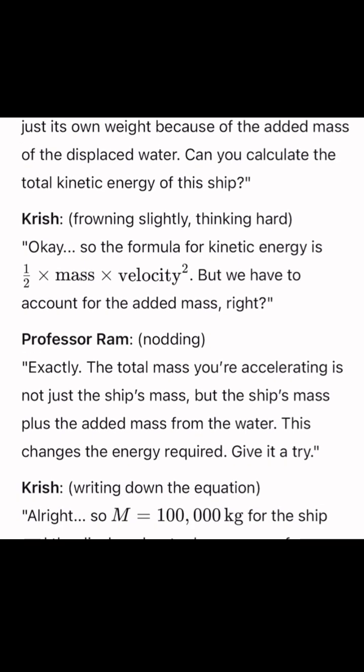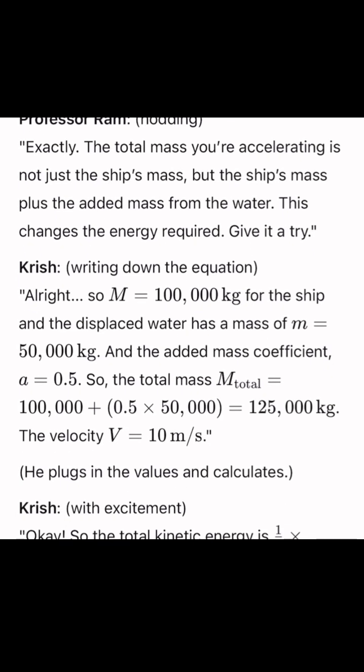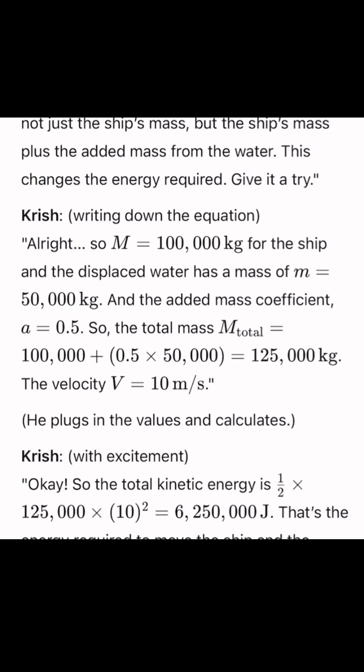Okay, so the formula for kinetic energy is half mass times velocity squared. But we have to account for the added mass, right? That the total mass you are accelerating is not just the ship's mass, but the ship's mass plus the added mass from the water. This changes the energy required. Give it a try. Alright, so M equals 100,000 kg for the ship, and displaced water has a mass of 50,000 kg, and added mass coefficient A equals 0.5.